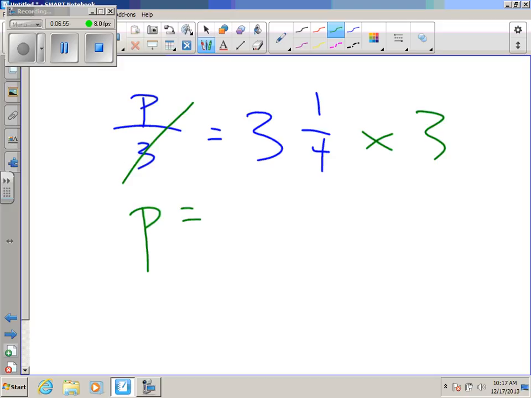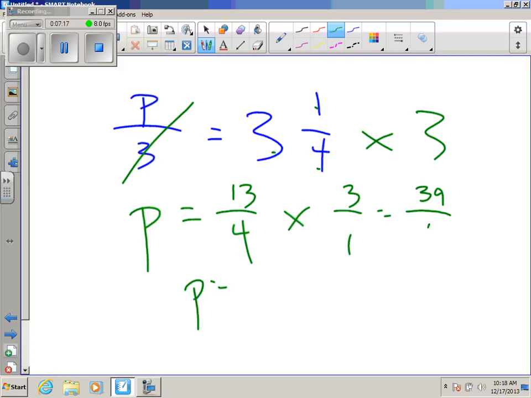25 cents, 0.25. Let's just keep it the way it is and just make it into an improper fraction. 3 times 4 plus 1 as a fraction. Do we flip? Not when we multiply. So P is equal to 39 over 4.